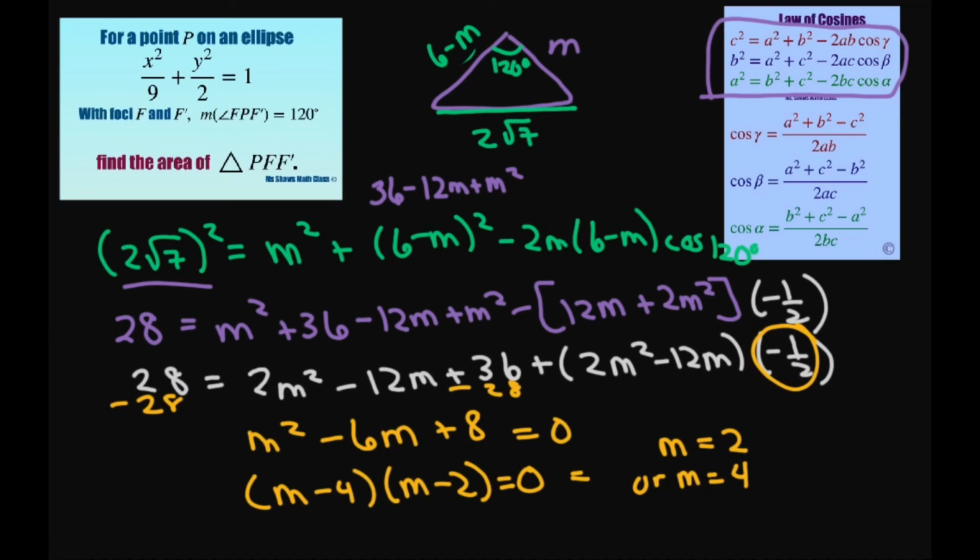So using that information, we're going to let this side be 4, and 6 minus 4 would be 2 over here. Now we're going to use the area formula using sine.